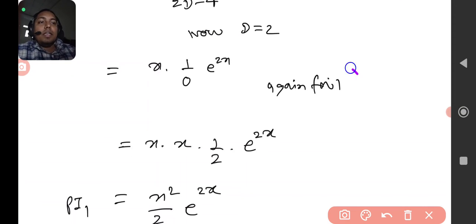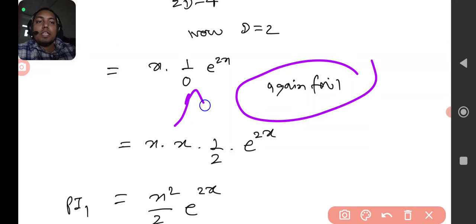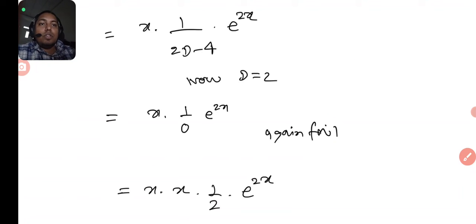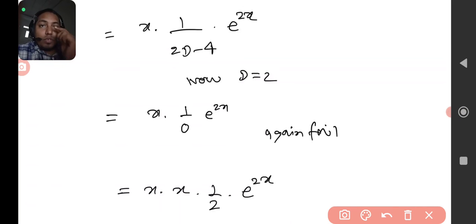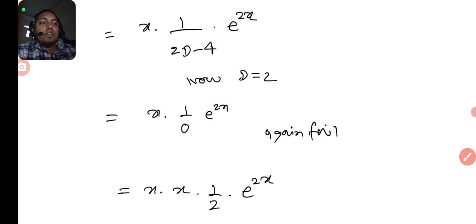If again it fails, because again 0 is coming, then multiply again with one extra x and further differentiate the equation. Your equation is 2D minus 4, right? That 2D minus 4 you have to differentiate again, so the answer will come 2. You can see here we have done that differentiation.